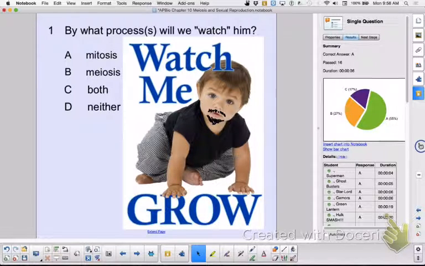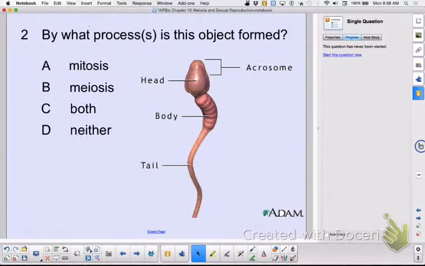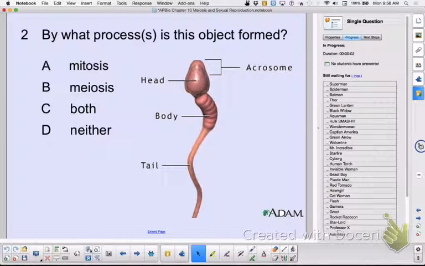No. Meiosis is getting ready for what? Sex. Is he doing that now? No. When he is growing, he is making more cells by my arms, my legs, mitosis. If this is getting formed, now answer the question.